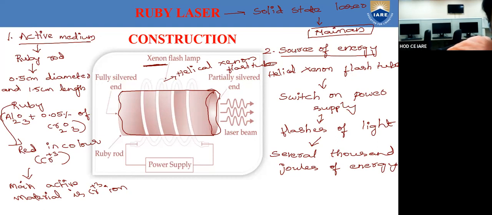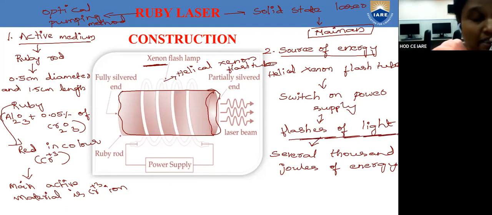One more thing to understand: this ruby laser is an example of the optical pumping method. In optical pumping, you supply energy in the form of light, because here we get flashes of light. So this is about the source of energy.